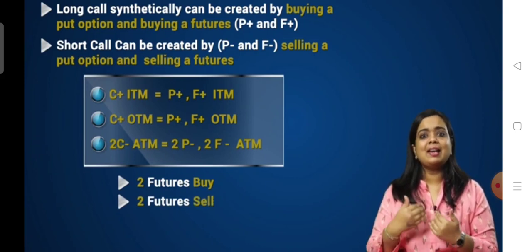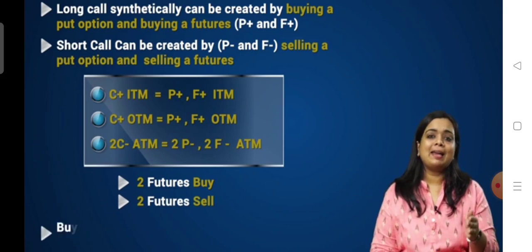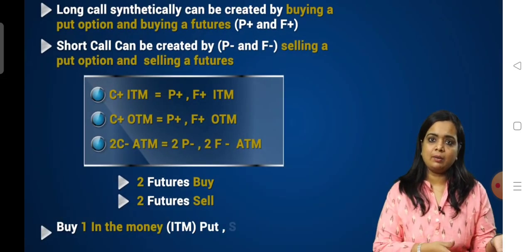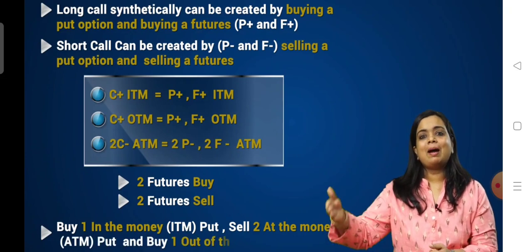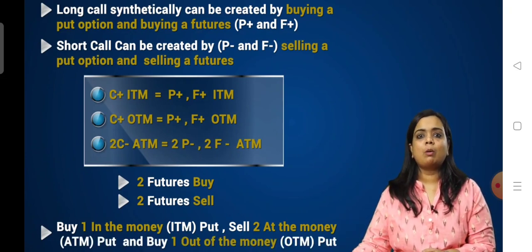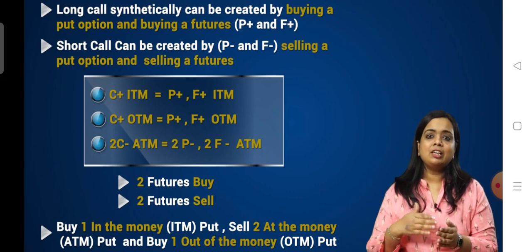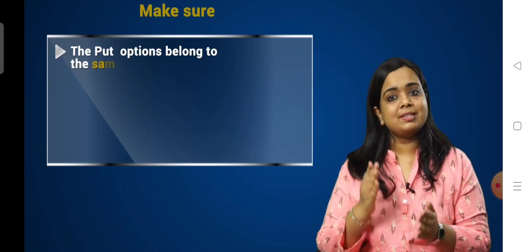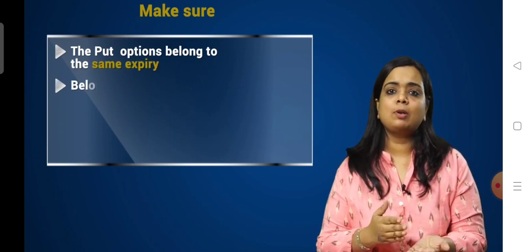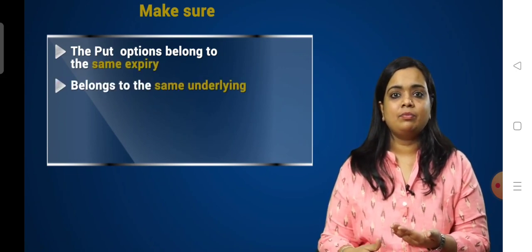So what we finally get is that we are actually buying 1 put option which is in the money, selling 2 at the money put options, and buying 1 out of the money put option. And we need to make sure that all these put options belong to the same expiry and the same underlying.